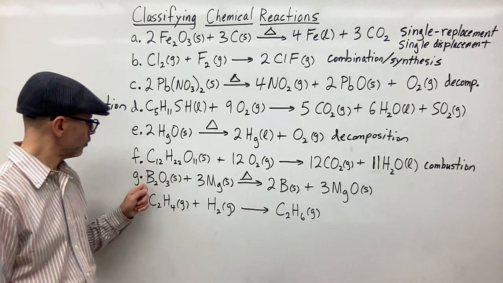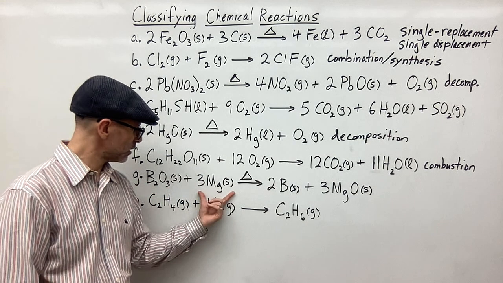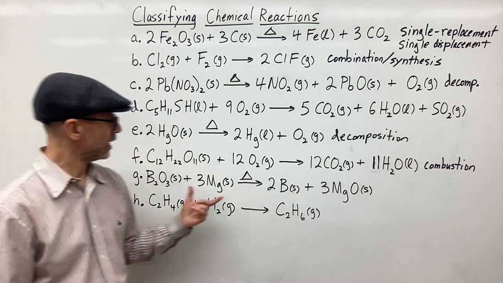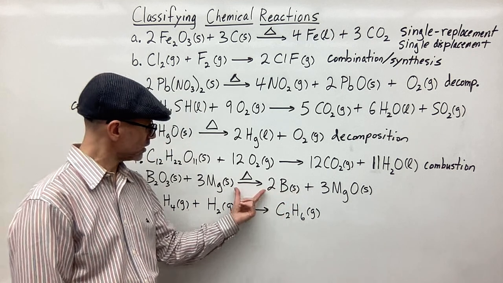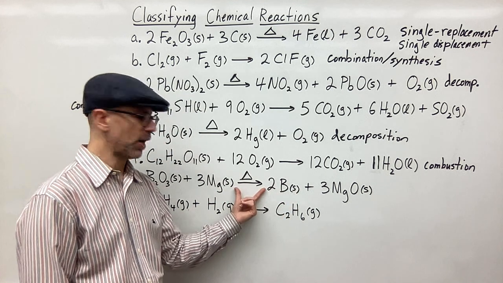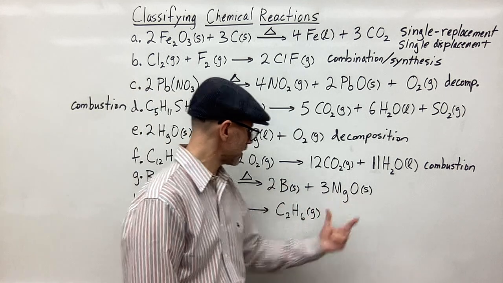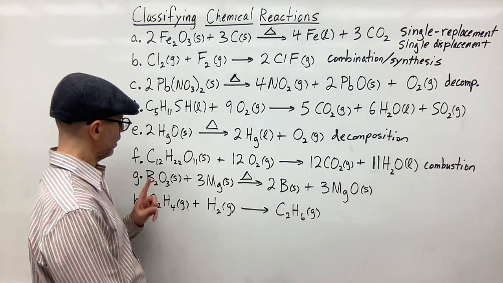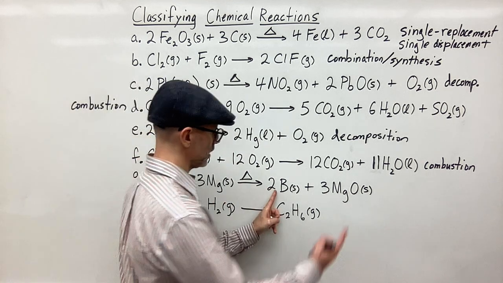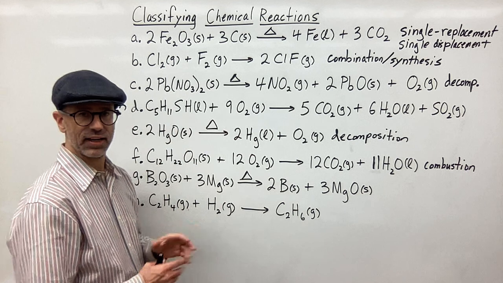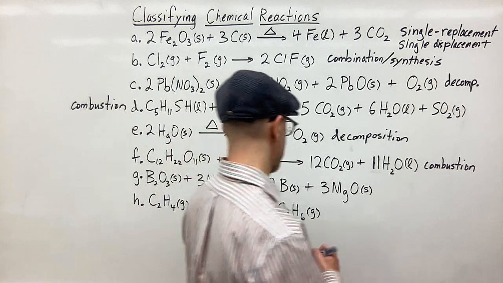Next, we have B2O3 solid reacting with magnesium solid. And then here it forms boron solid, and we're supplying some heat to this. And then we form magnesium oxide. So again, notice we have compound, element, different compound. So that's a dead giveaway that this is a single replacement, single displacement reaction.